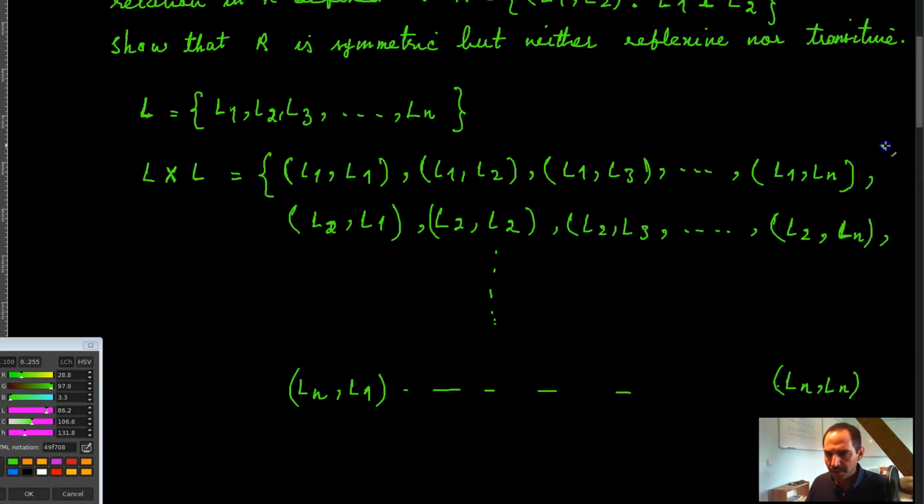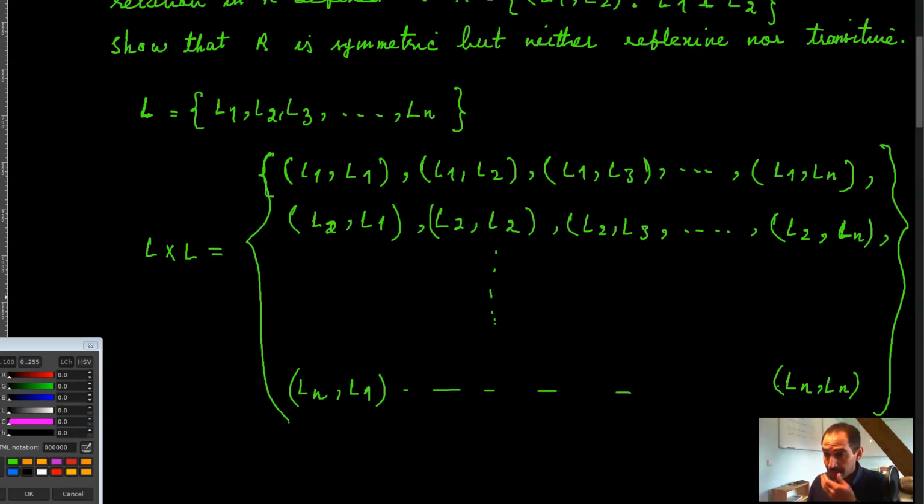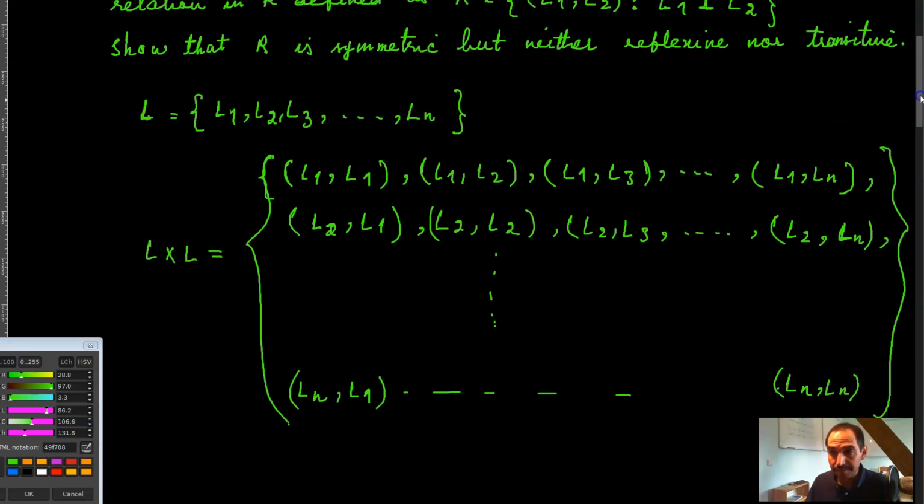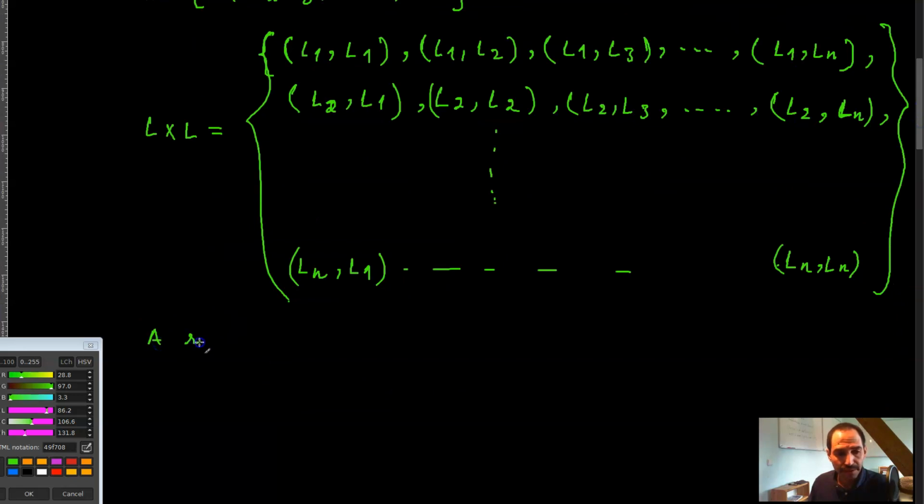So that becomes the Cartesian product of these two sets, the Cartesian product of L and L. Now this set, of course, is a large set, and the relation is a subset of the Cartesian product of the two sets. So you can say that the relation is a subset of the Cartesian product of L and L based on some rule or condition.